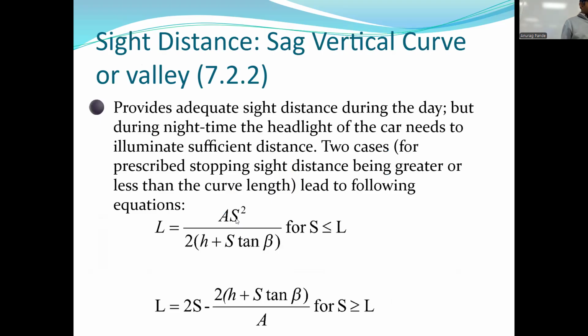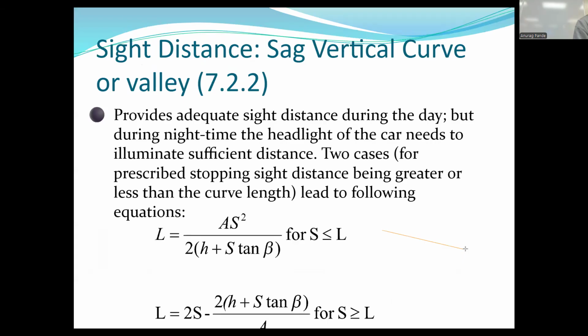Now I want you to think about sag vertical curves before I give you that easy approach. So here are the formulas for the sag vertical curve. But I want you to think about something first. Let's say I'm going to design the sag vertical curve. If this is my roadway, these are the two curves I'm connecting, and my roadway looks something like this.